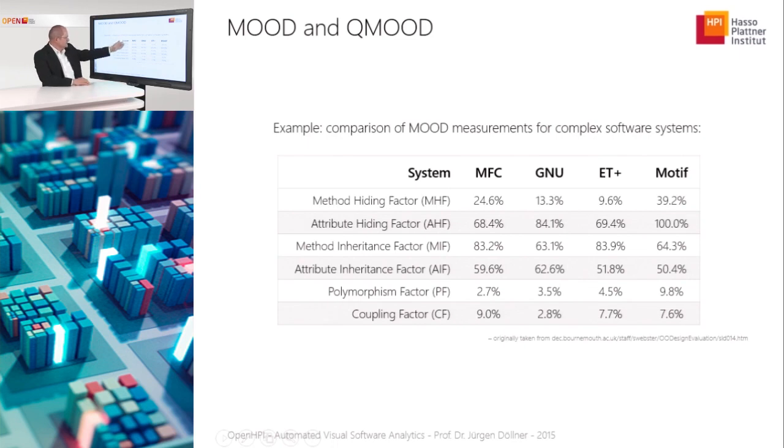For example, here it's an example for systems, Microsoft Foundation classes, the GNU User Interface Toolkit, and ET++ and Motif. Give you just one example. Polymorphism is highly used in Motif, whereas it's rarely used in Microsoft Foundation classes. So if we would ask, how could these systems improve, we possibly would recommend that Microsoft Foundation classes could increase the inheritance principle that object orientation offers to take advantage of that principle.